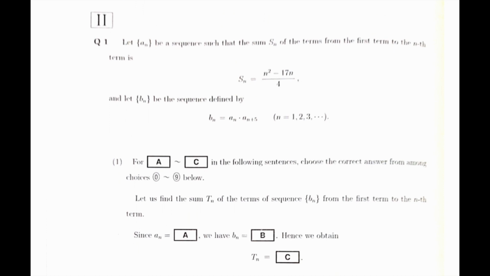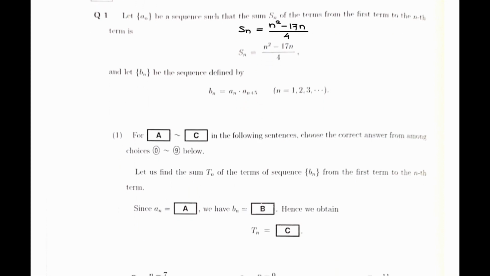Basically, Sn is equal to n squared minus 17n over 4. And then we have another sequence Bn. Bn is defined by An times An plus 5. So Bn is equal to An times An plus 5.